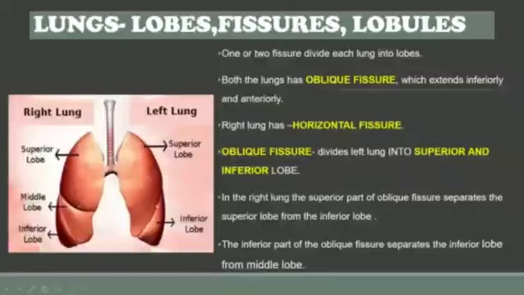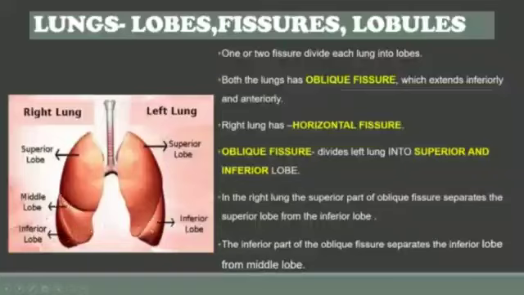Now, as you can see, there are deep demarcations or indentations. These deep things, you call them fissures. Both the lungs have a similar fissure called the oblique fissure. Both the right lung and left lung have the oblique fissure.